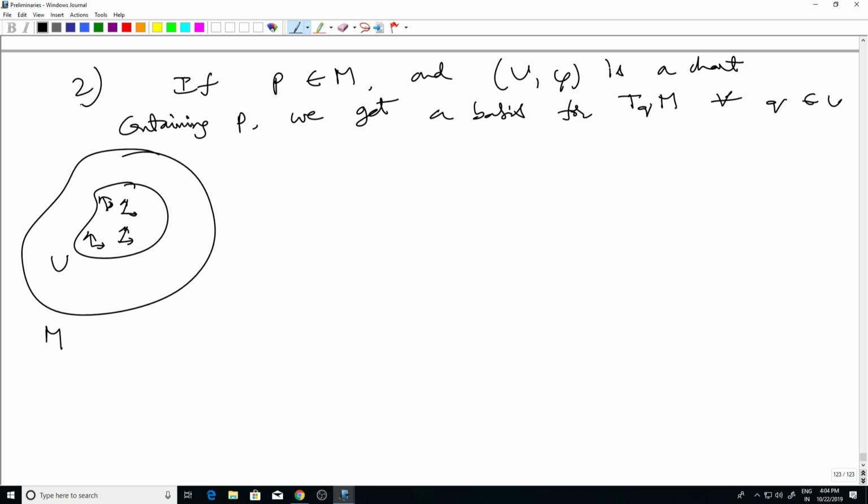And that basis is essentially, so we saw that this chart map phi is a diffeomorphism. Therefore, it sets up a correspondence, an isomorphism, between the tangent space here and the tangent space here.